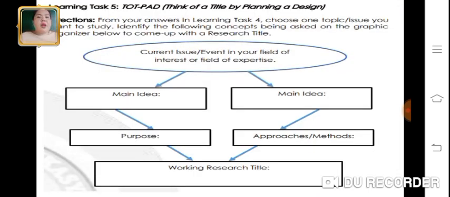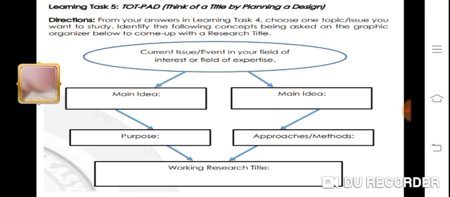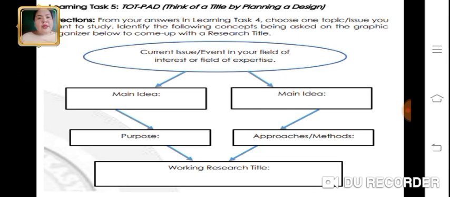Next. From your answer in learning task 4, choose one topic, issue, you want to study. Identify the following concept being asked on a graphic organizer below to come up with the research title. So, ayan na.